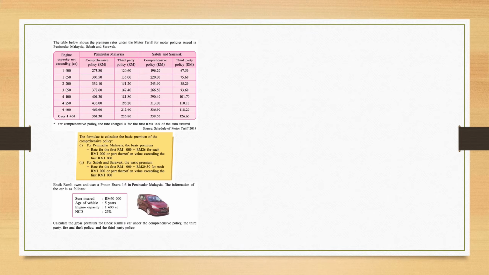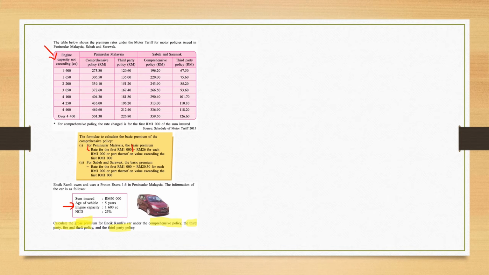In Peninsular Malaysia, we need to calculate the gross premium under the comprehensive policy, third party, fire and theft policy, as well as third party policy. Let's look at the comprehensive policy. Alright, the first thing you will do is find the rate for the first 1,000 ringgit. Look at the table, this column, as well as engine capacity right here. Engine capacity 1600 cc.